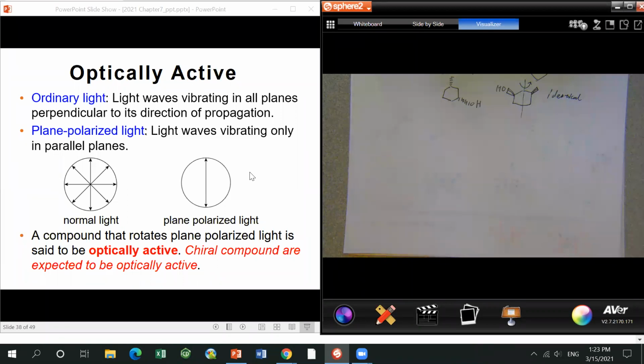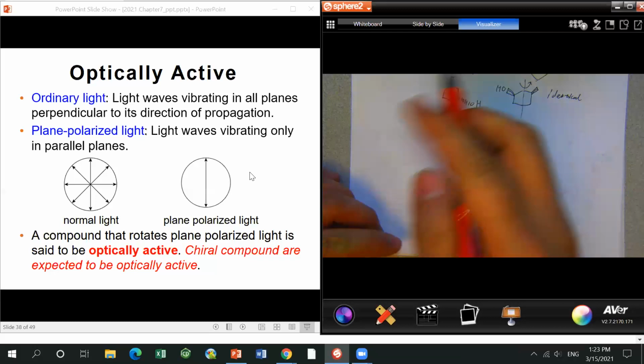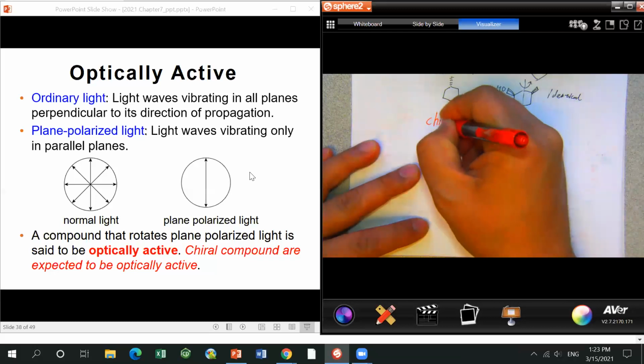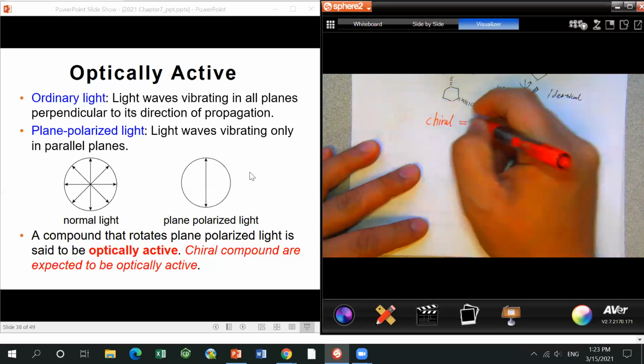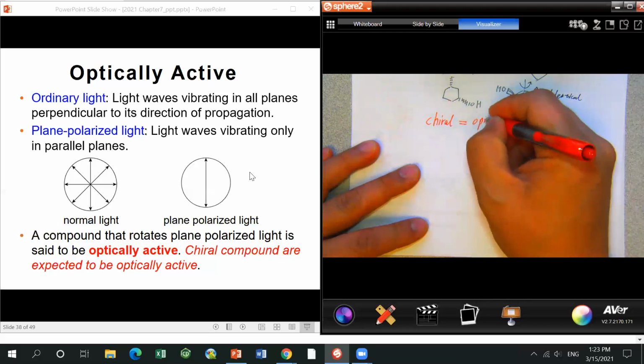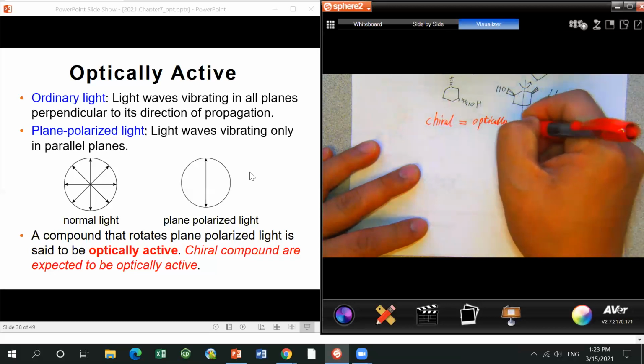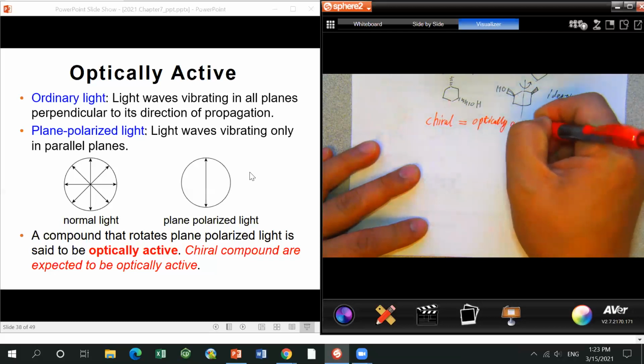In physics, most of the time they call it an optically active compound. In chemistry, we like to call it chiral or achiral. You can write it down: chiral actually equals optically active. That's the same thing.